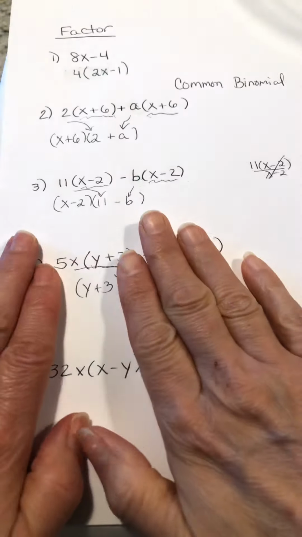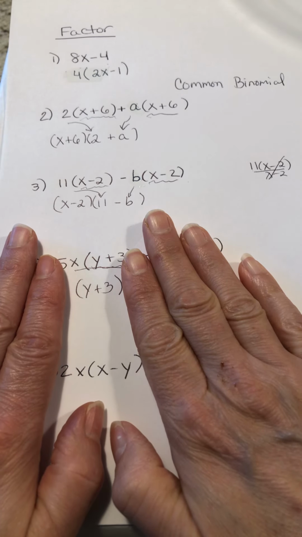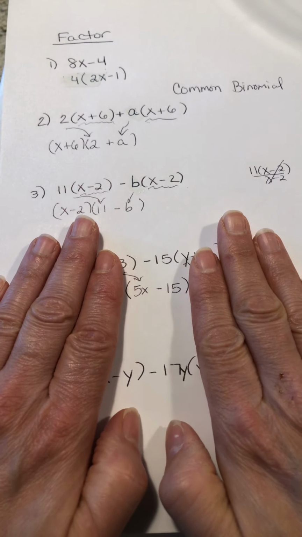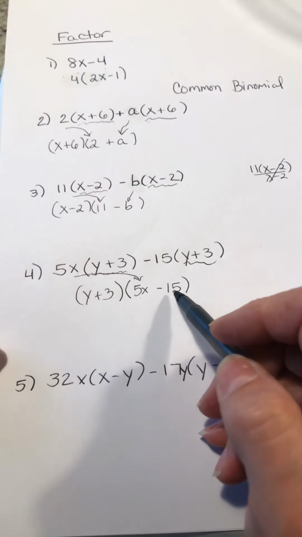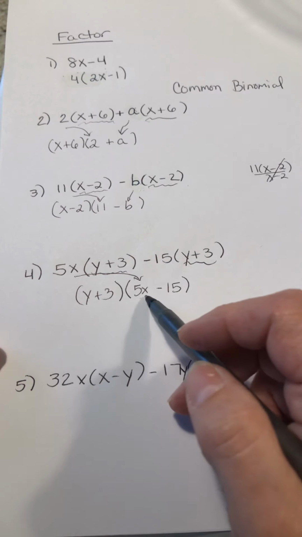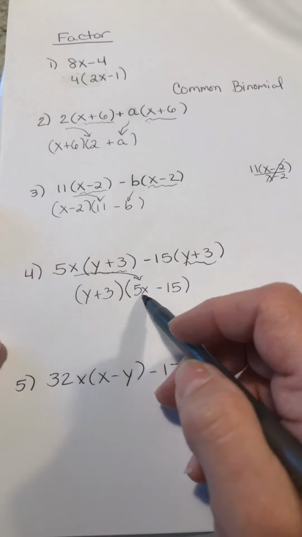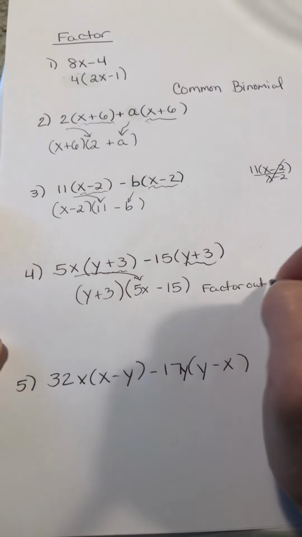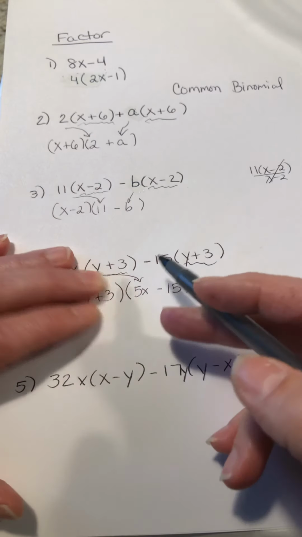If I were to look at the y plus 3, there is no GCF there that I could factor out. But if I look at 5x minus 15, I do have a common factor there. I have a common factor of 5 that goes into both the 5x and the negative 15. So I need to factor out a 5 here, which is a GCF in this set of parentheses. It doesn't matter that it's not in here.